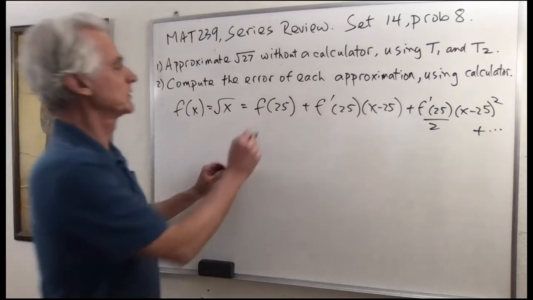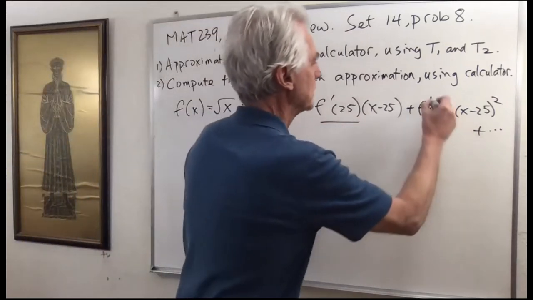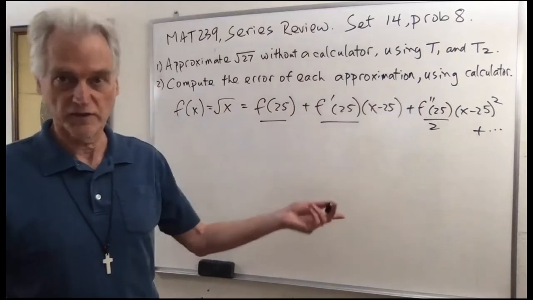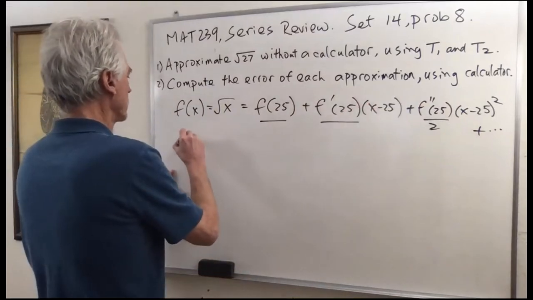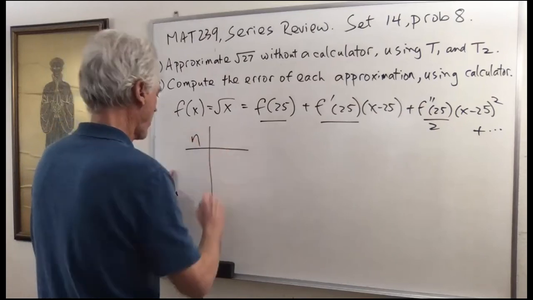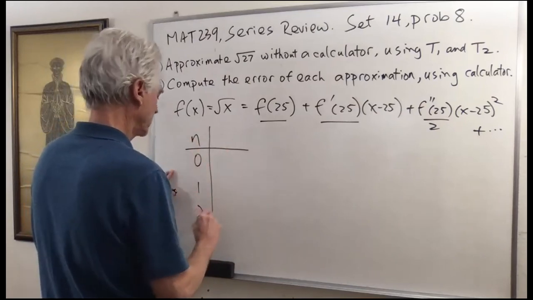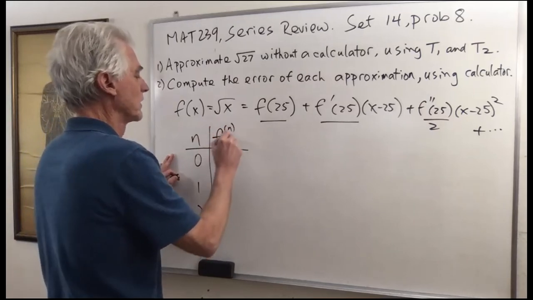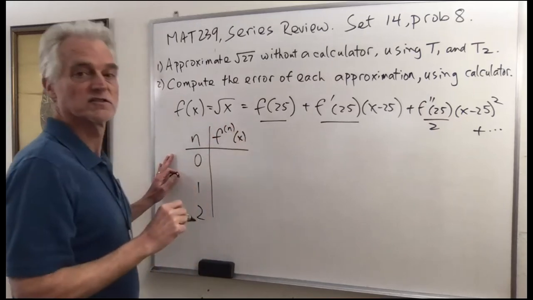We need to compute those three numbers, and we do that by making a table. We do n, 0, 1, and 2. And then we take the nth derivative of x.